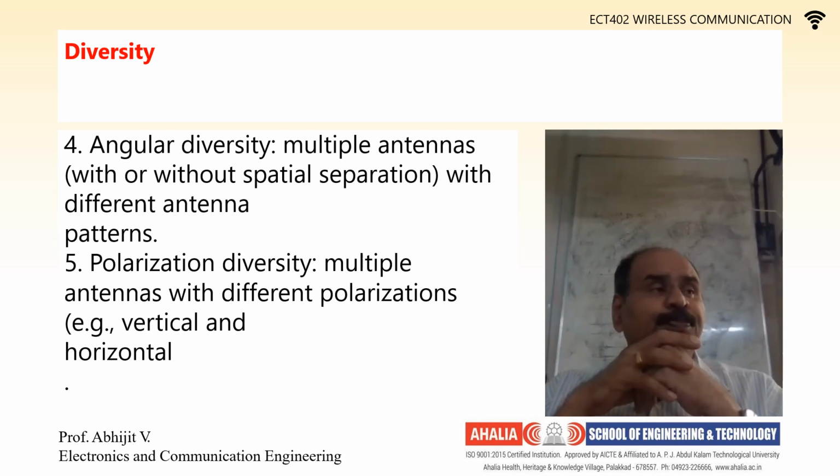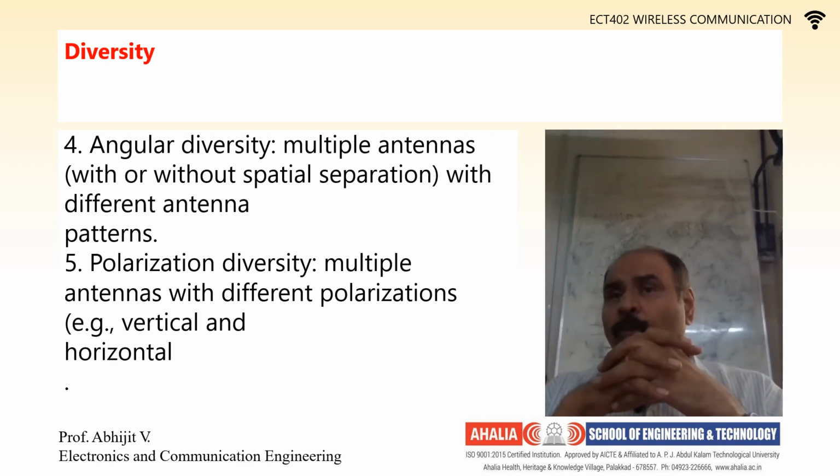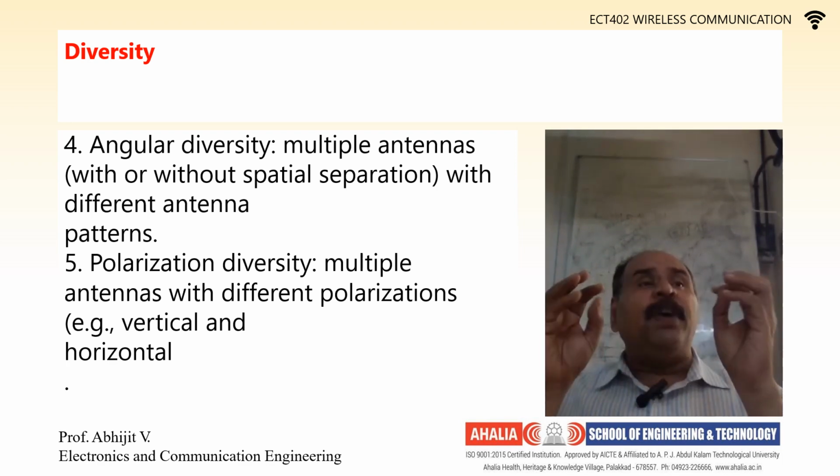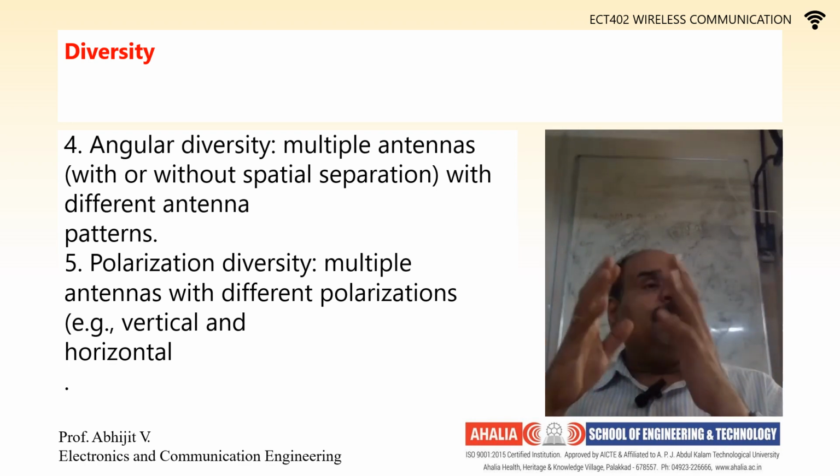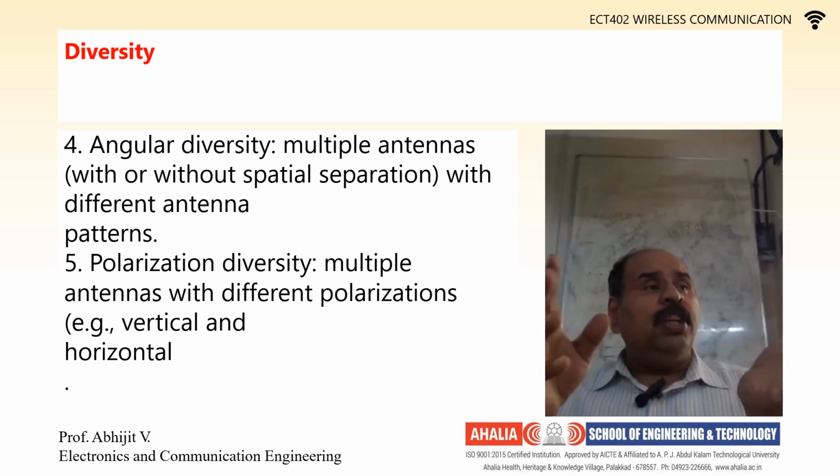Polarization diversity, we will have vertical and horizontal polarizations to be used for diversity techniques. So these are the 5 common principles with which we work. We have 5 different types of diversities.